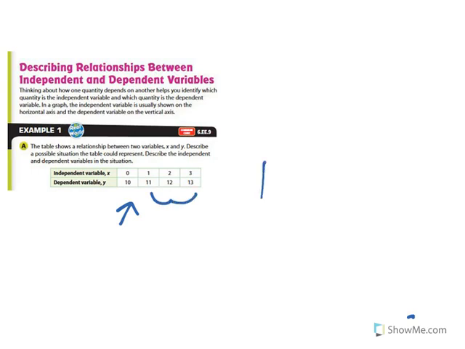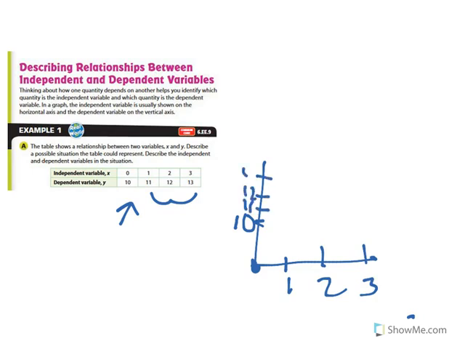So if you wanted to graph that, at 0, I'm going to give myself a little scale, there would be 10. All right, so now when I go over 1, 2, and 3, what am I going up by? You can see it's not going up by a lot. It's just going up by ones. All right, so over 1 is 11, over 2 up 12, and over 3 up 13.